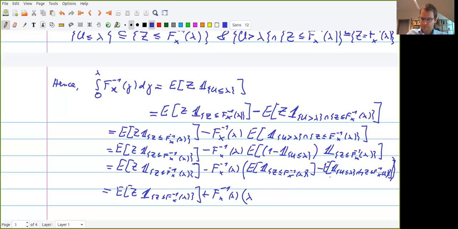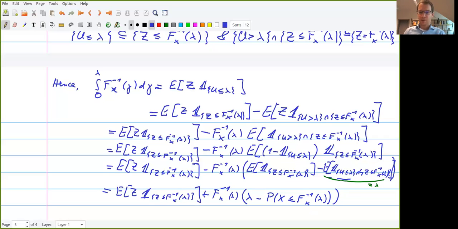Right, this is here lambda. And we also have the second one. Well, this is nothing else than the probability of x being less or equal than bracket. All right.